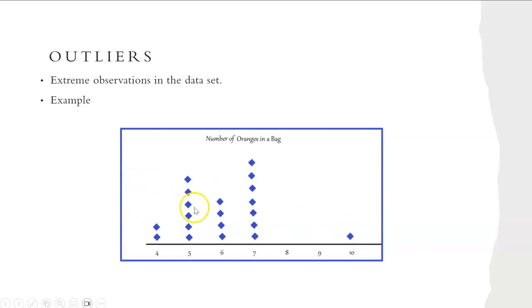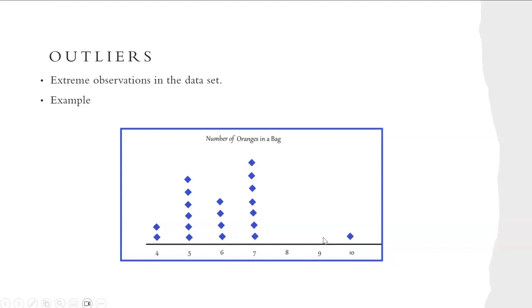This represents the number of oranges in the bag. You have 2 bags with 4, 6 bags with 5 oranges, 4 bags with 6 oranges, and 7 bags with 7 oranges. And then you got 1 bag with 10 oranges, and this will be considered an outlier. It stands out from the rest of the pack.